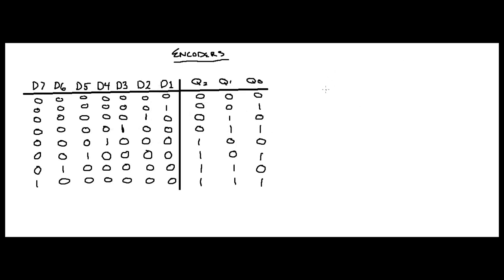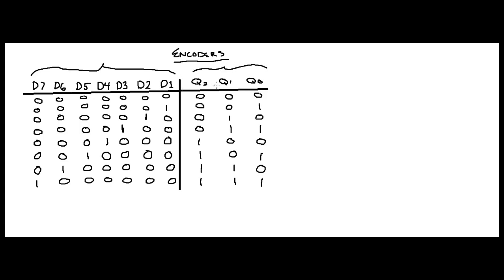Alright, so now I've drawn a table basically for an encoder. And you can see on the left side of the table, this portion right here between D7 and D1, that's your inputs, and your output is right here.